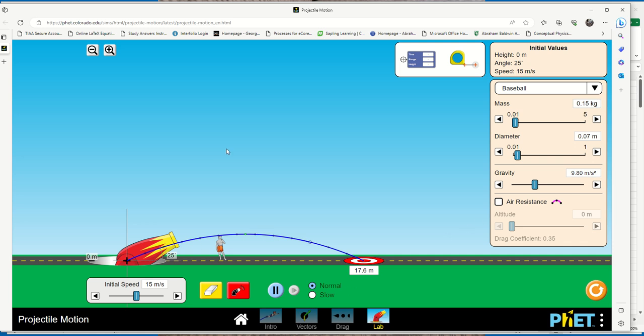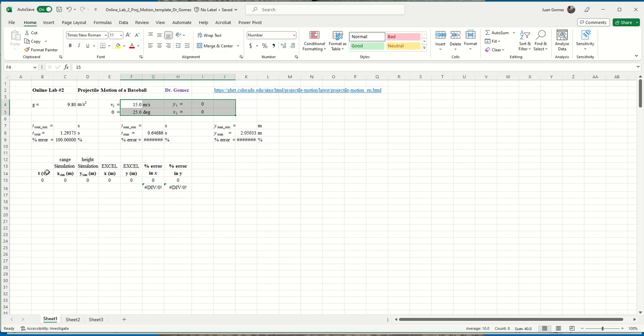Those represent the various time intervals. Now what you want to do in the spreadsheet is notice right now, this first row, everything is 0. And you want to fill out all these values for all these successive times. But we'll get to that in a second.